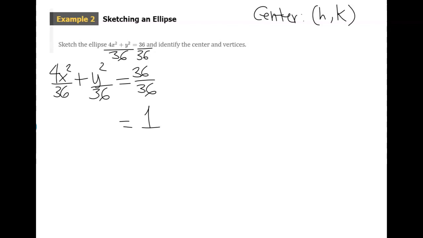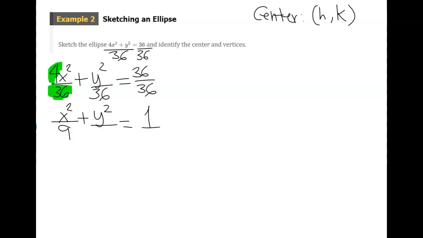Now for 4 and 36, we're going to simplify. Both numbers are divisible by 4. If I divide 4 by 4, I will get a 1, so 1x squared. And 36 divided by 4 is 9. So in reality, I don't need this 1 here. And what I'm going to need here is nothing, because I already have 1y squared.